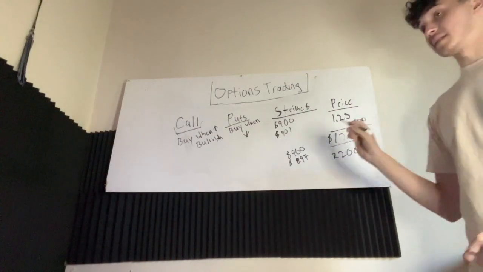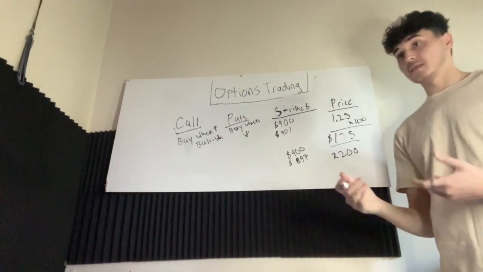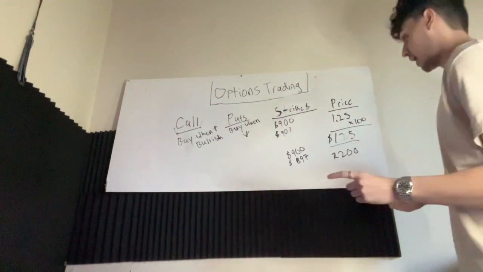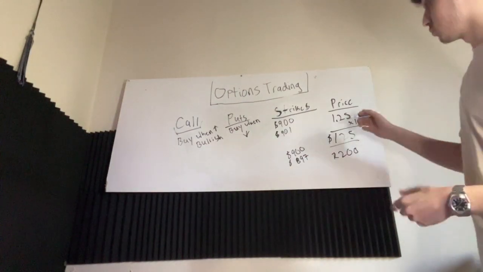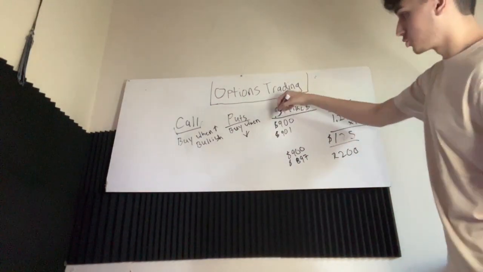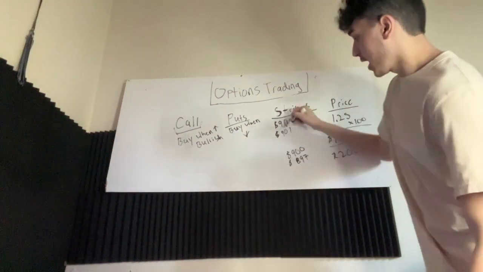But let's say if it happens to be a loss, right? Let's say that your fundamental or technical analysis isn't done correctly. Let's say that you buy the strike price 901.